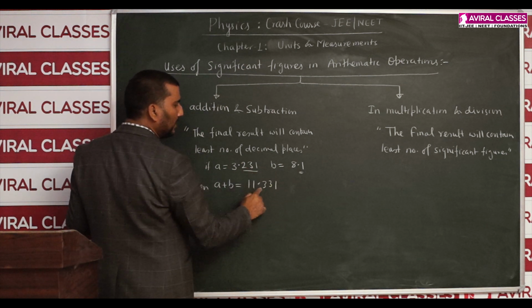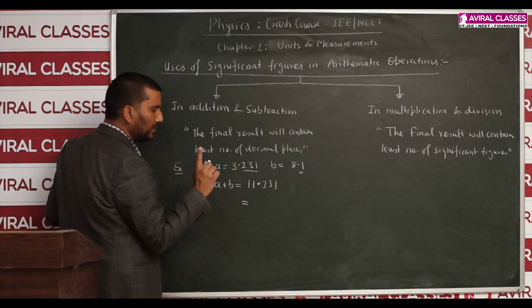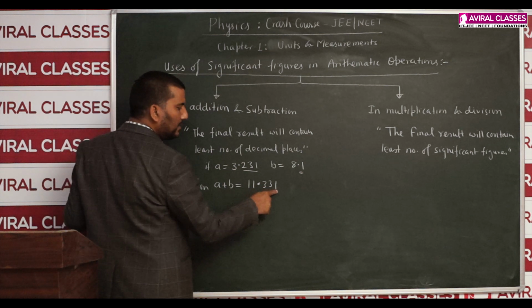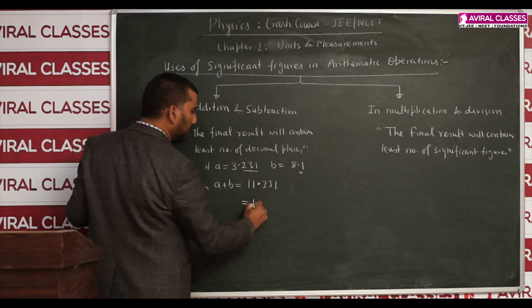Here it is 3, so we'll consider 1. While removing these digits, we have to think about the rounding off concept. But here we are removing a digit that is less than 5, so simply we'll drop it.